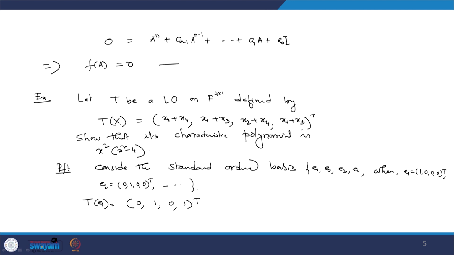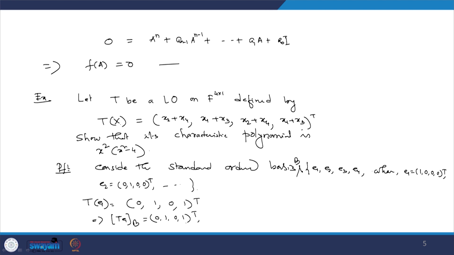So, if I write down this column vector in terms of E1, E2, E3, E4, this implies that the coordinate matrix of T E1 with respect to this ordered basis, say B, will be equal to (0 1 0 1) transpose.